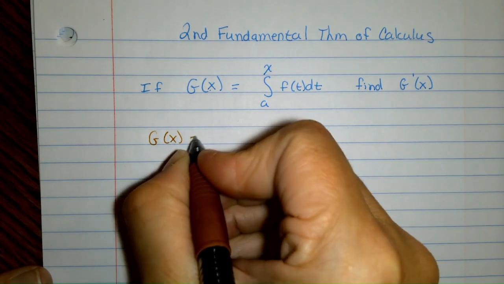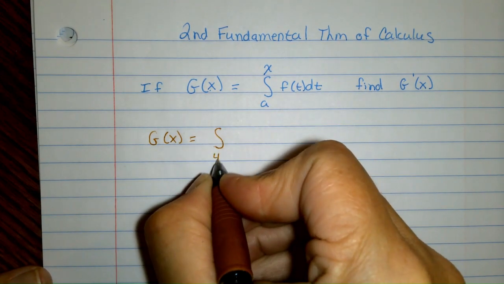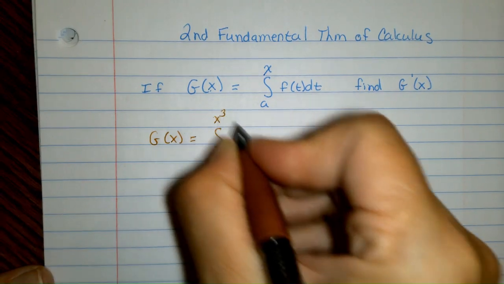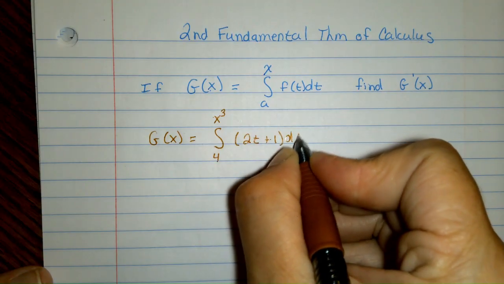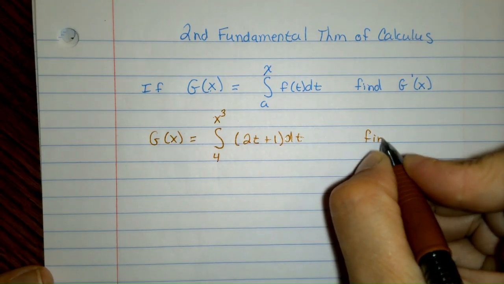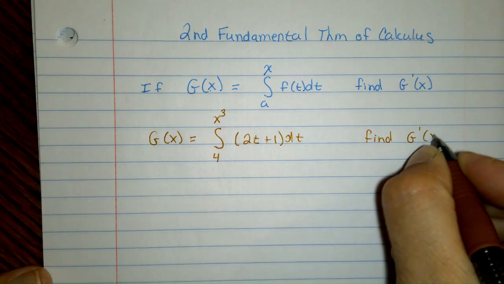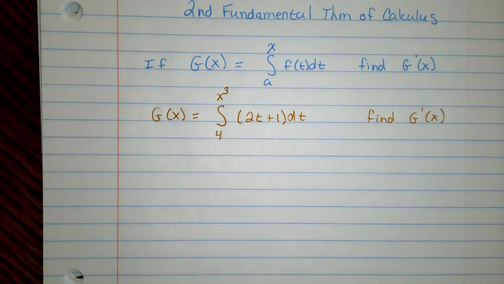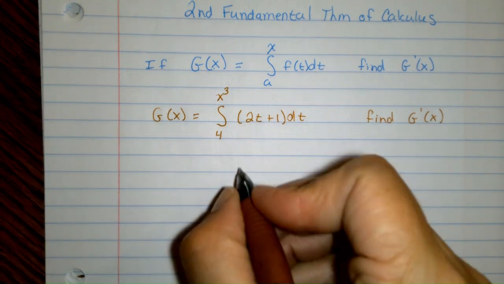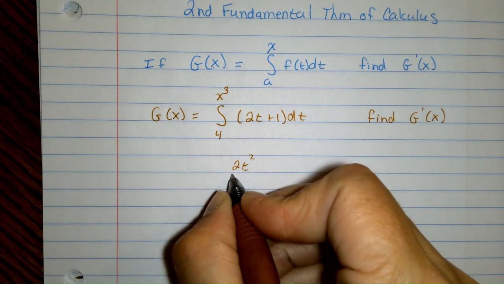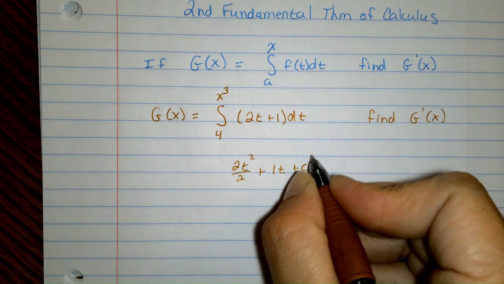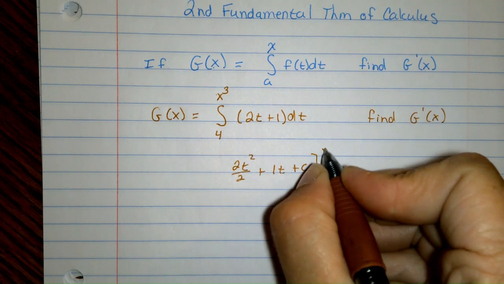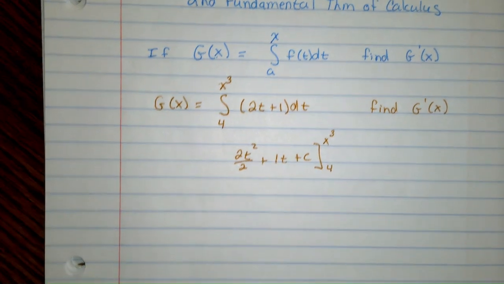So g of x equals the integral from 4 to x cubed of 2t plus 1 dt. Find the derivative of g. Well, first of all, I need to work out what g really is. So let's integrate this: 2t squared divided by 2 plus 1t plus c. Okay, applying that fundamental rule of calculus.